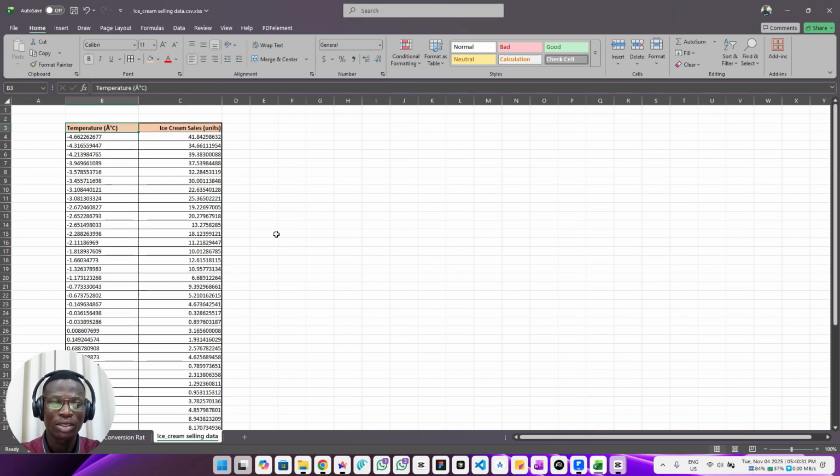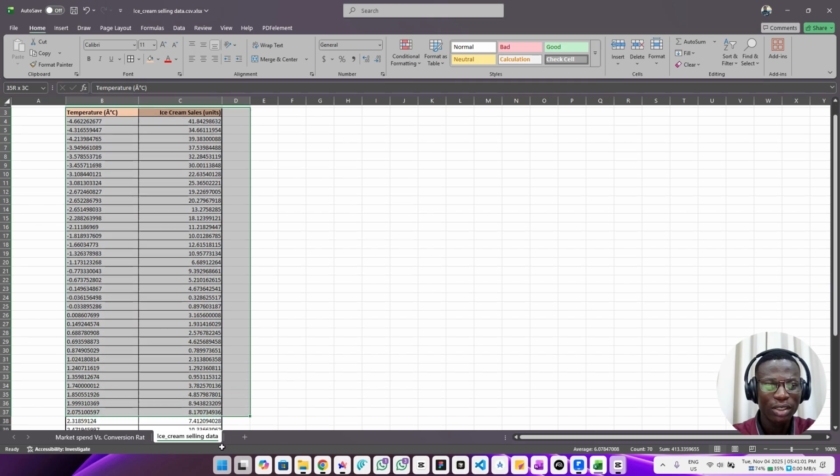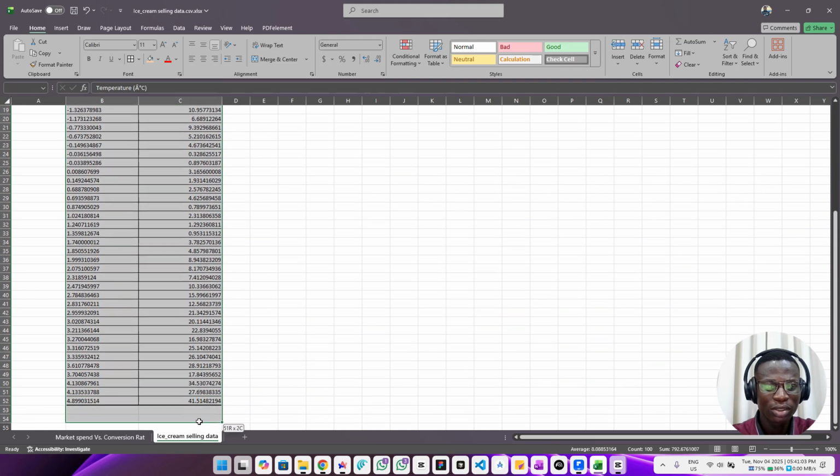This is our example 2, using temperature and ice cream sales. So with minus 4 degrees, it was able to sell 41 units. Maybe there was a discount, who knows? Yeah, there was a discount. So with this, we can also plot our data. Let's try to plot our data.